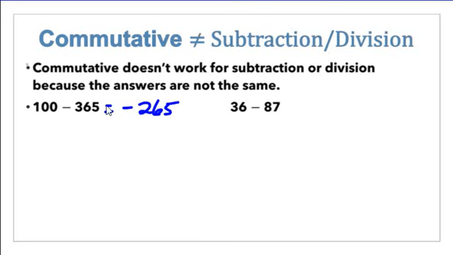But if I were to switch it around and go 365 minus 100, that would give me a positive 265. So the answers are not the same. One gives you a negative answer, one gives you a positive answer.